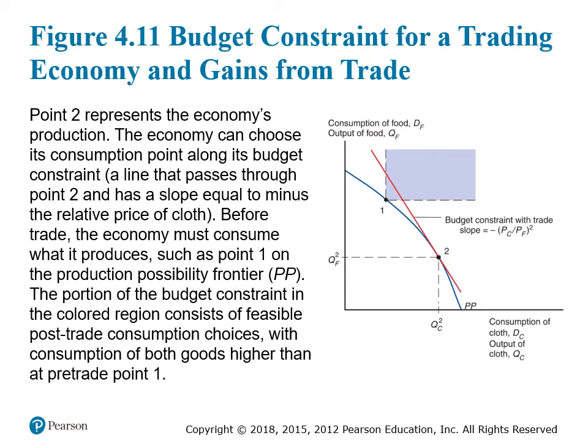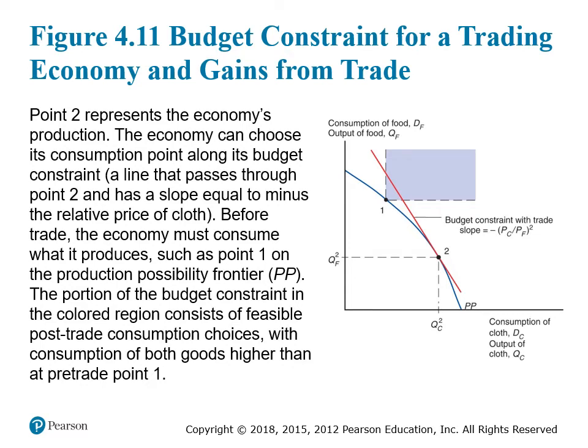In this graph, you can see the difference between pre-trade and post-trade and how trade is beneficial. Before engaging in trade, the output of the economy, given the budget line and production possibility frontier, was at point 2.